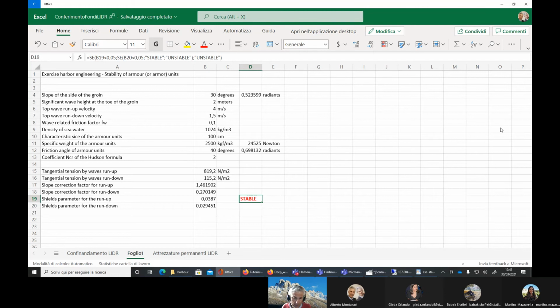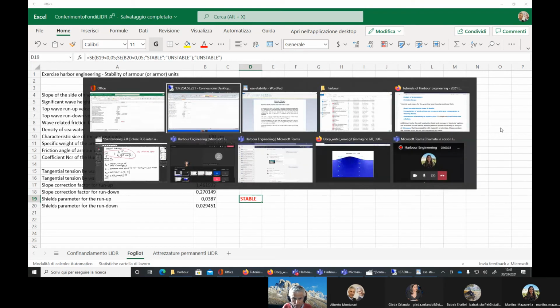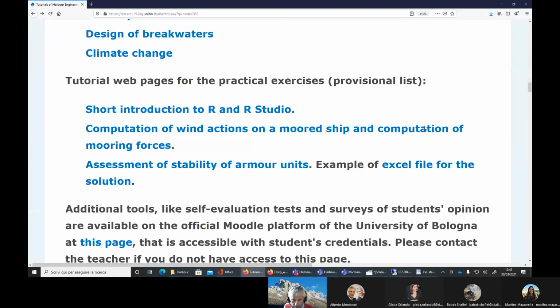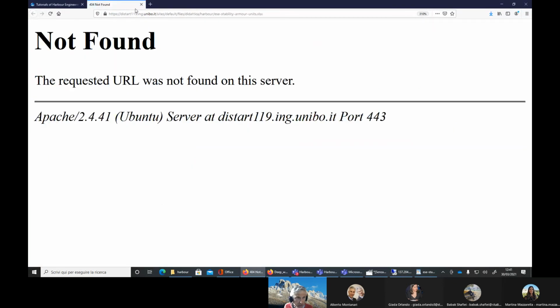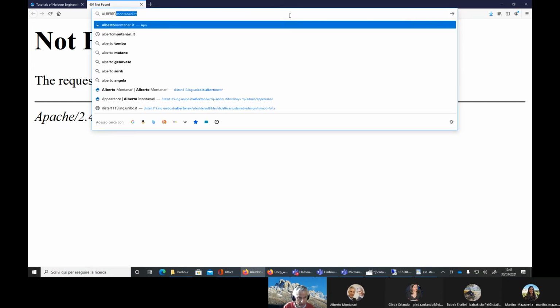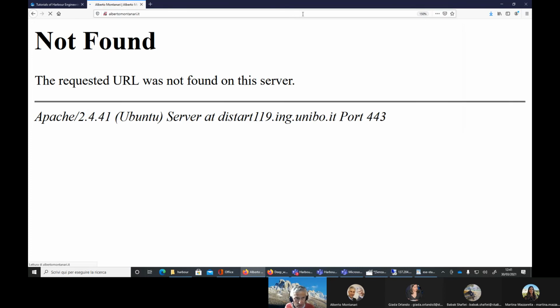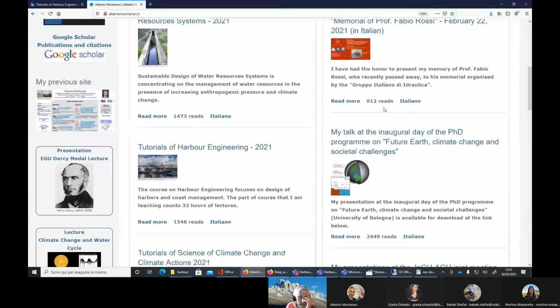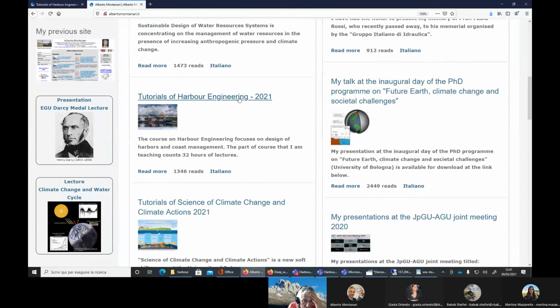Look, you have this same Excel file available on my website. Let me show you. Example of the Excel file. I guess the link is broken. Yes, it's broken, but I now understand why, because I'm referring to the mirror.